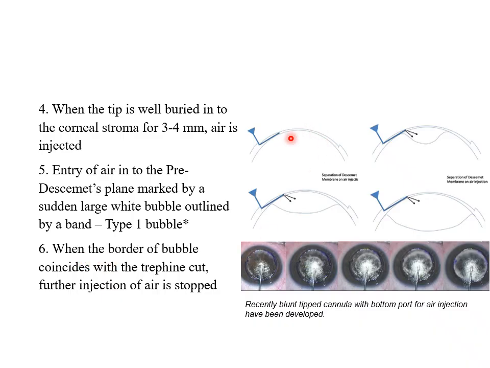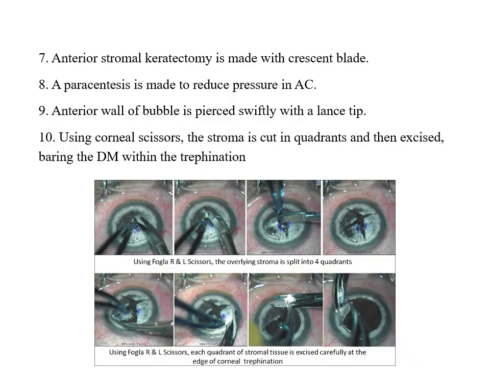So this bubble is enlarging. We've made a type 1 bubble, we've injected air in the pre-Descemet layer, and a big bubble is created. When that air bubble is about the size of the trephination groove, further air injection is stopped.